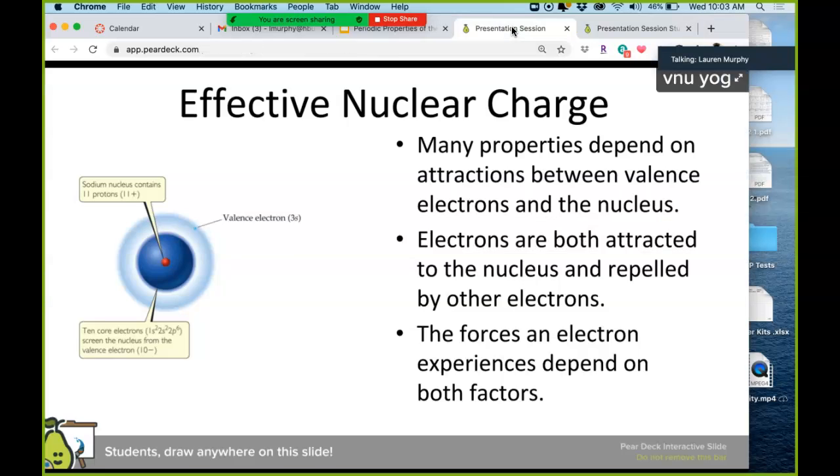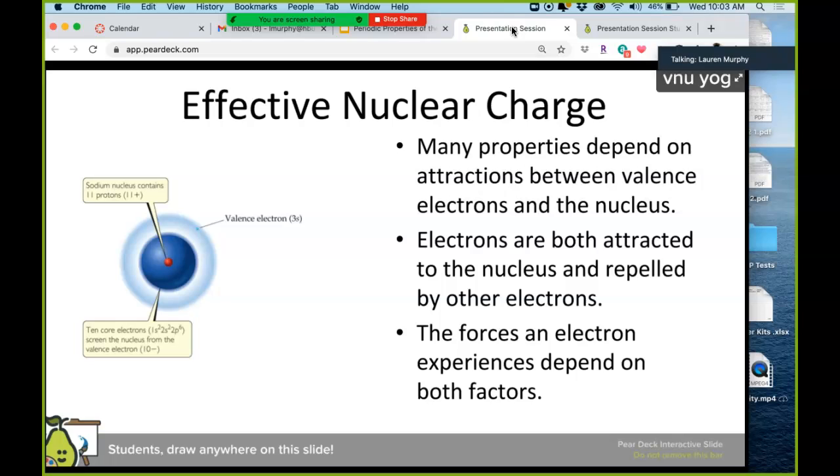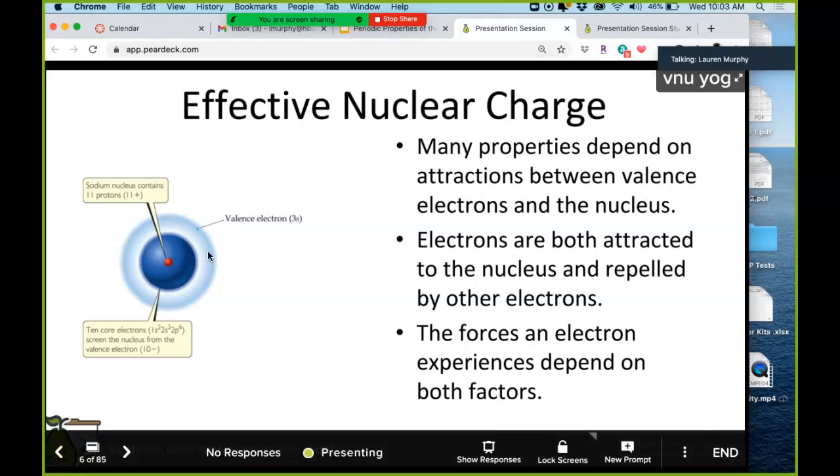So terminology that you're going to learn and use very frequently in this chapter is called effective nuclear charge. An effective nuclear charge depends on how many protons are in a nucleus and how many electrons surround the nucleus, how many rings or shells of electrons.